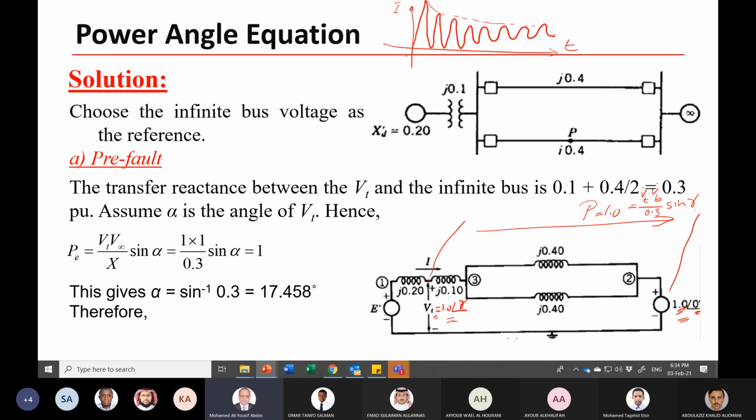And if you still remember, we divide this period into 3 periods: subtransient, transient, and steady state.